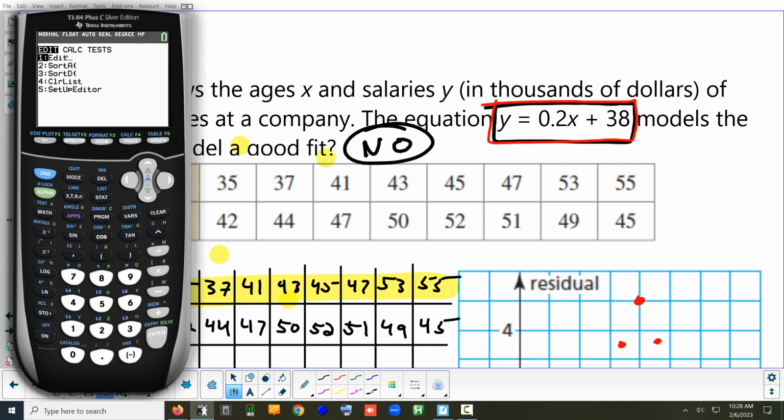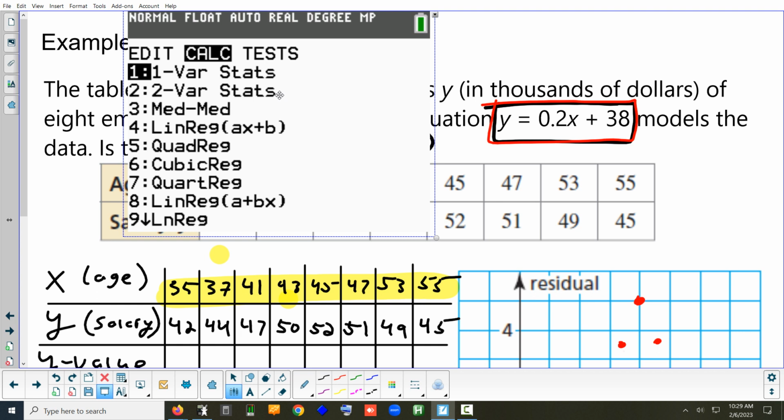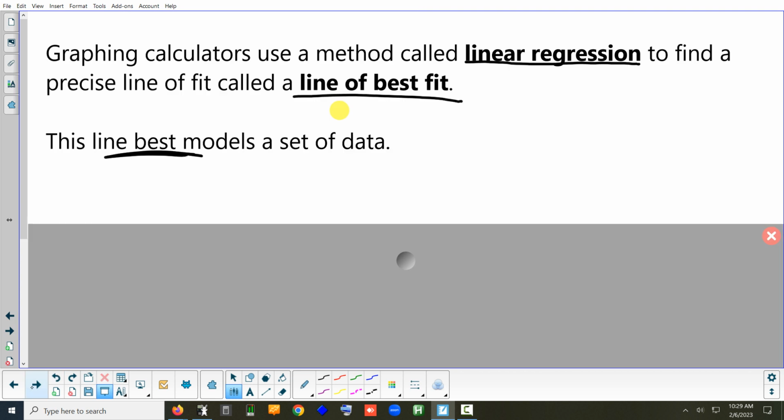So I'm going to press the right arrow, and one of these options should look like y equals mx plus b. There's a lot of them. And if you're not sure which one looks like y equals mx plus b, keep this in mind: linear regression.